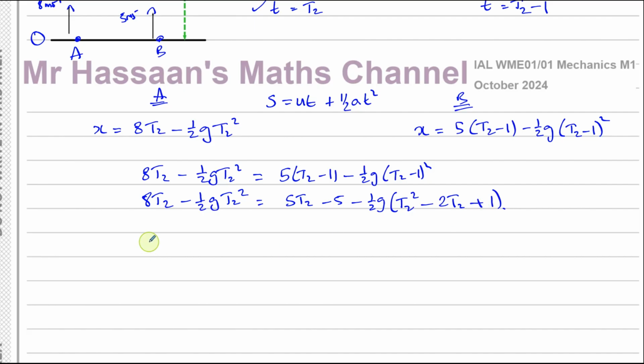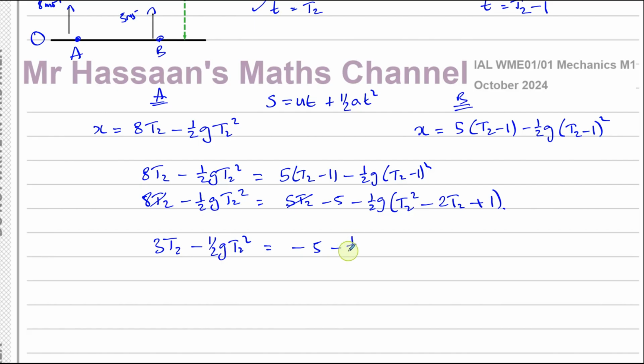Okay, so I can start simplifying some of this. So I can say, for example, 8T2 minus 5T2 is 3T2. And then I'm going to have minus a half GT2 squared equals minus 5. I've kind of dealt with those two and became 3. Minus 5, and I can expand this bracket.